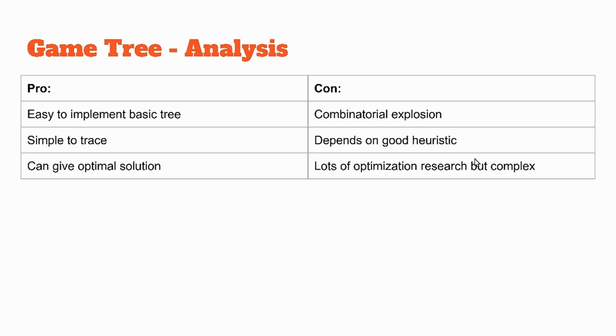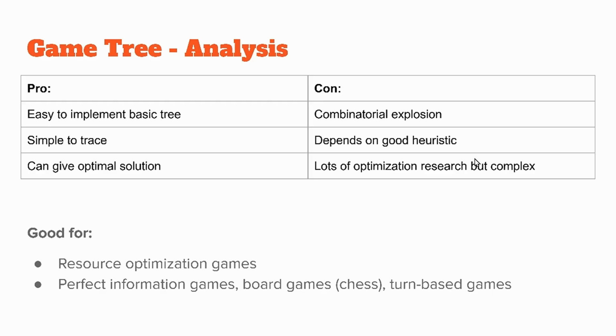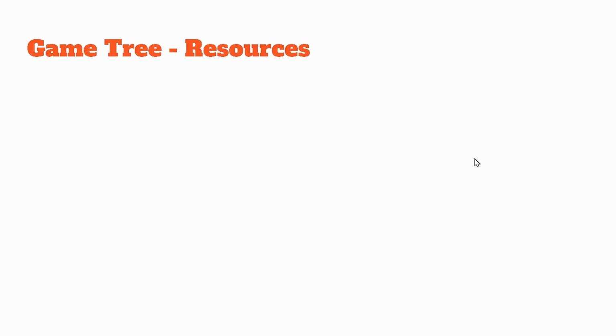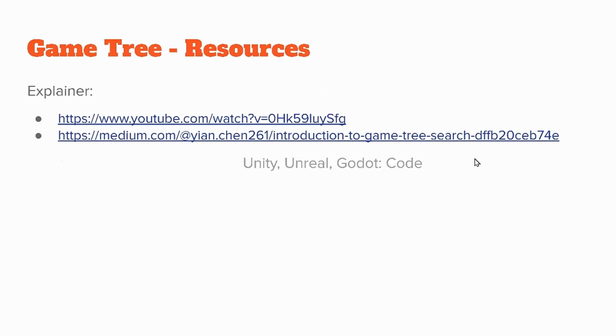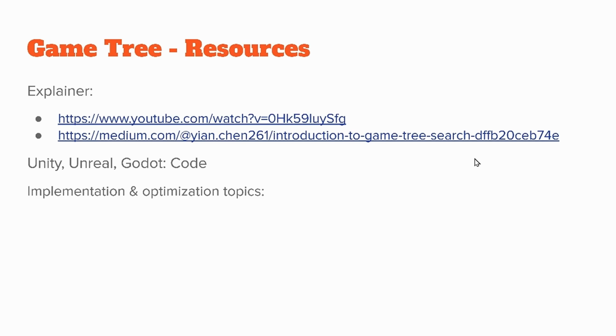you might not have thought ahead of time of what an optimal solution is. But in games like chess, there is combinatorial explosion. That is, the tree gets just way too big to really analyze the whole thing in one shot. Now, there is a lot of optimization research, and I will talk about that here in a second. It's good for resource optimization games and perfect chess. And here are some great explainers.